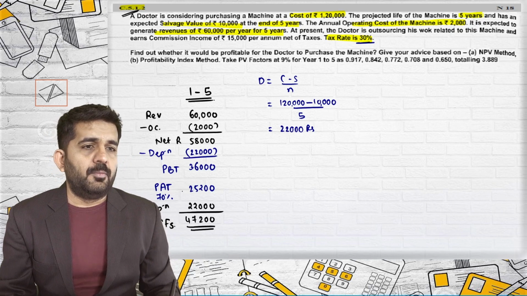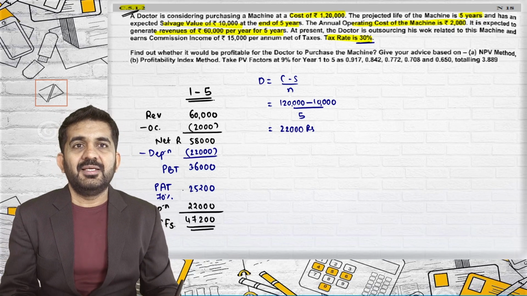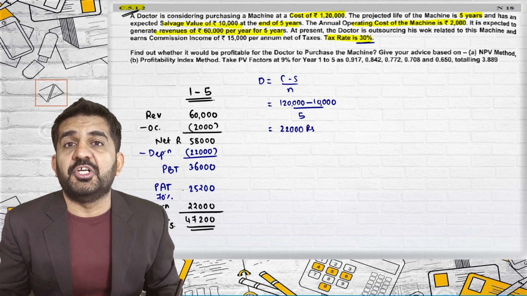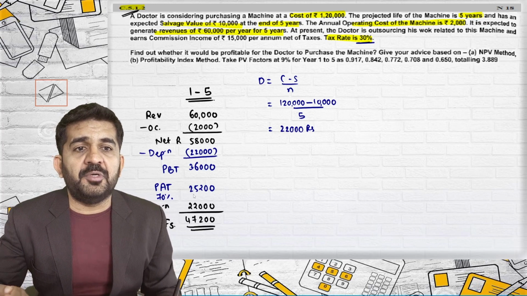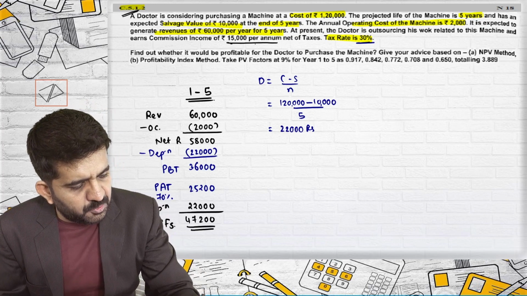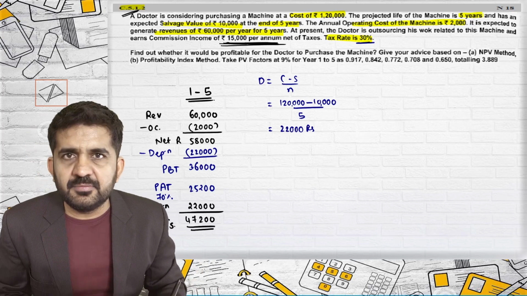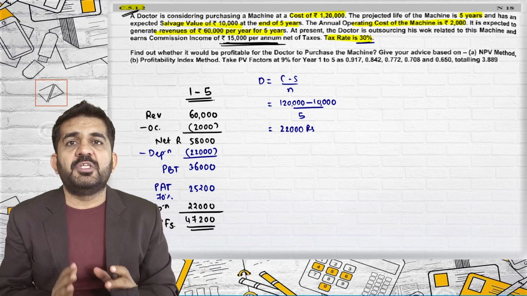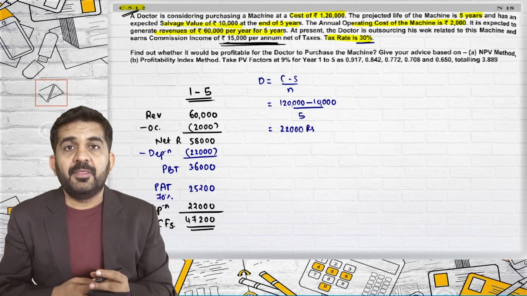Try to concentrate on the most important point in this particular question. Had the doctor not purchased this machinery, he would have earned a commission income of 15,000 per annum for these 5 years. He would have outsourced this work, and so he would have received a commission of rupees 15,000 per annum.